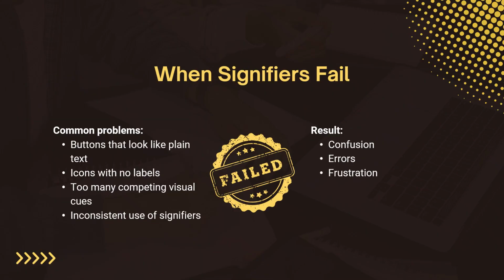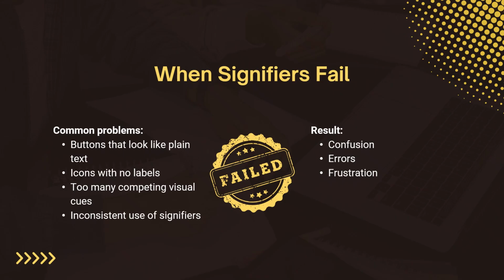Okay, so now let's talk about confusion, because confusion is what we'll be analyzing in Milestone 2. Signifier problems can be things like buttons that look like plain text, icons with no labels on them, interactive elements that don't look like they're interactive, or visual clutter that hides important cues.